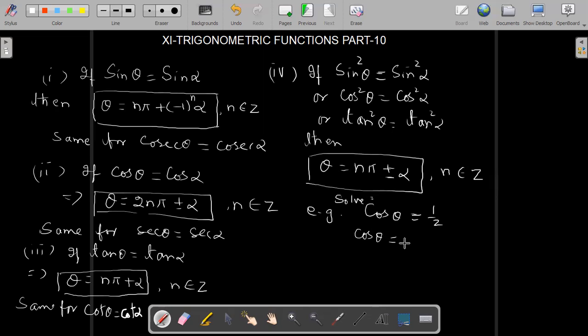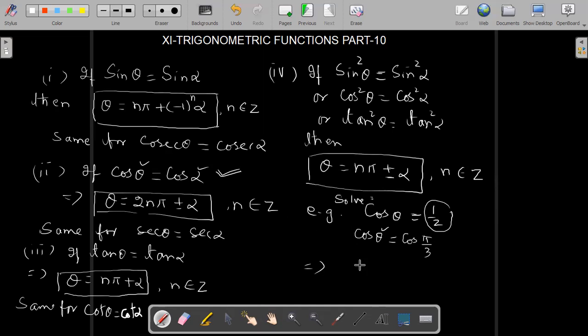These are not going to be asked in the question. 1 by 2 is the value of cos at pi by 3, 60 degrees. So we write the right-hand side as cos pi by 3. Now you can see cos on both sides. This is the format cos theta is equal to cos alpha, where theta is this one and alpha is this one.